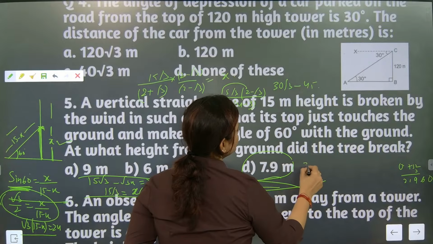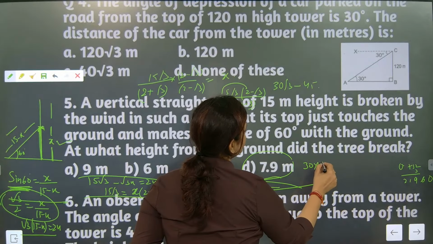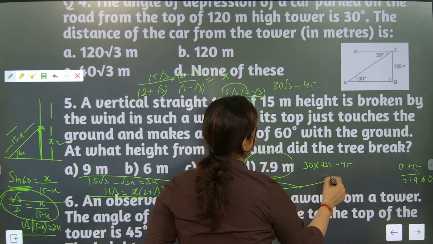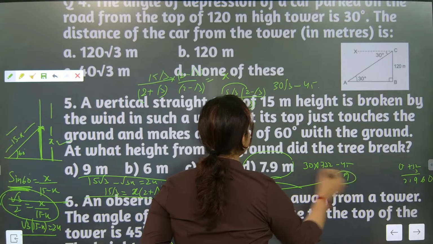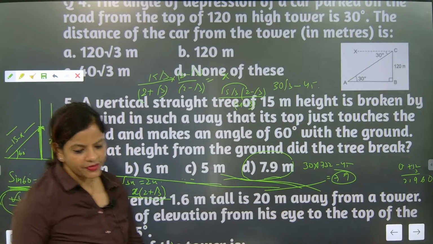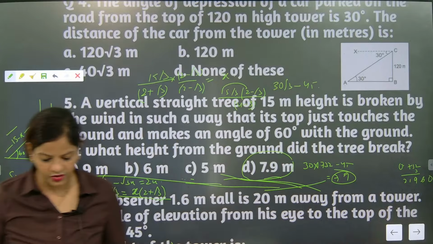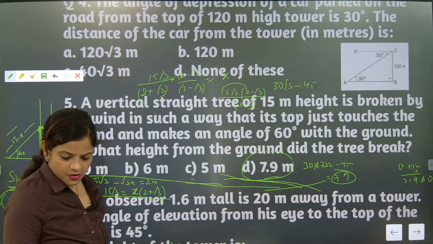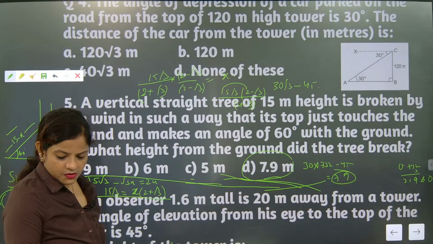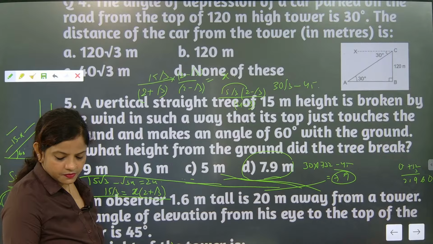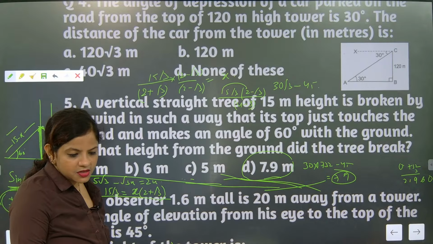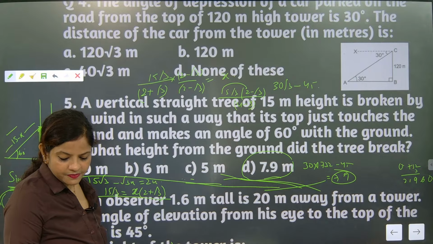So here it will become 30 into 1.732 minus 45, and approximately 7.9 answer will come. So I'm correct. Answer is 7.9 only.